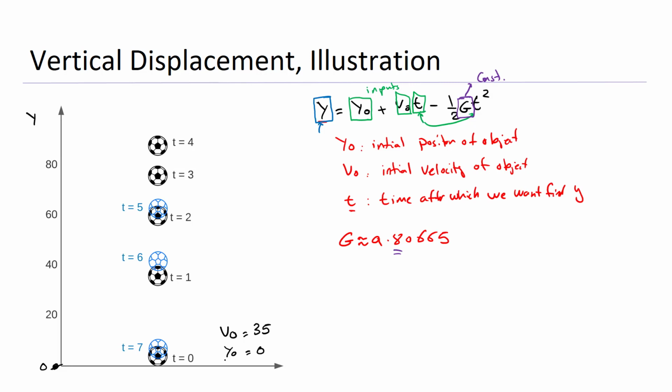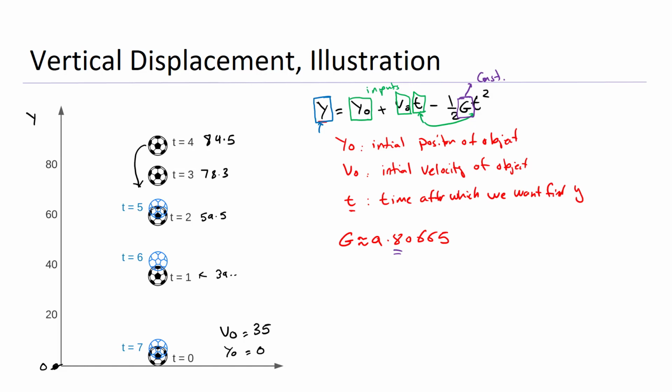Now when we do that, after 1 second, this is going to be the position of the object, which is around 39 point something, and after 2 seconds it's going to be close to 59.5, and after 3 seconds it's close to 78.3, and after 4 seconds it reaches about 84.5, and then this would be the maximum height that is reached by this projectile, and after that it starts falling down.